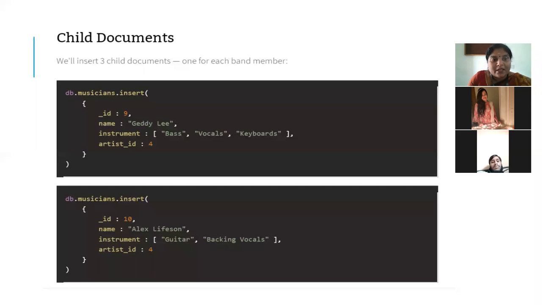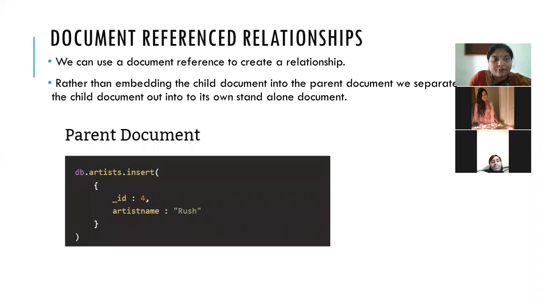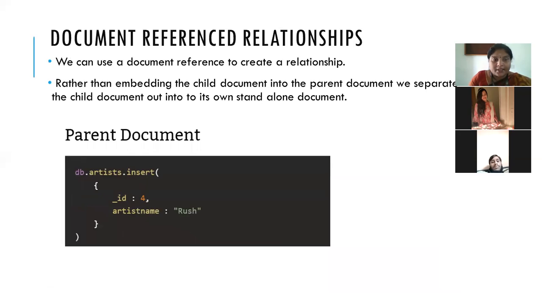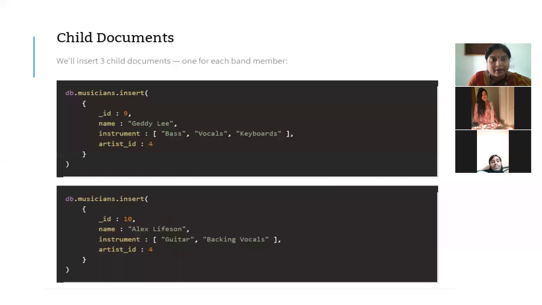In RDBMS, we call this primary key and foreign key. The artist ID, which is in the parent document, acts as a foreign key in the child document. If you see both the documents, artist ID 4 is given. So what does it mean? This particular artist by the name Rush has two musicians, Geddy Lee and Alex. This is how we relate it.